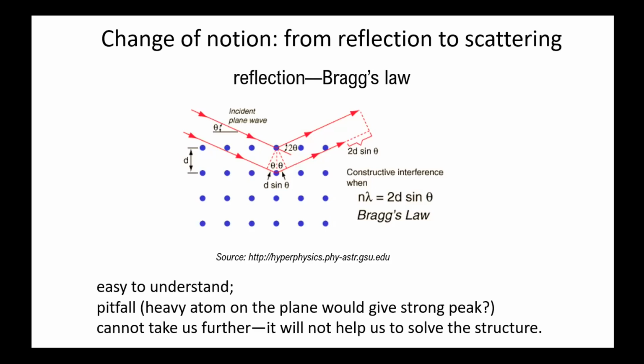And the pitfall of this kind of plane reflection picture is that I met several people who intuitively think, okay, if I have heavy atoms sitting on these planes, then I have strong peaks, right? Since they're strong scatterers.